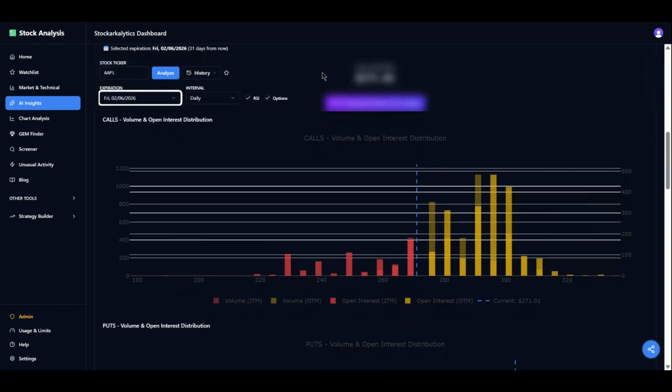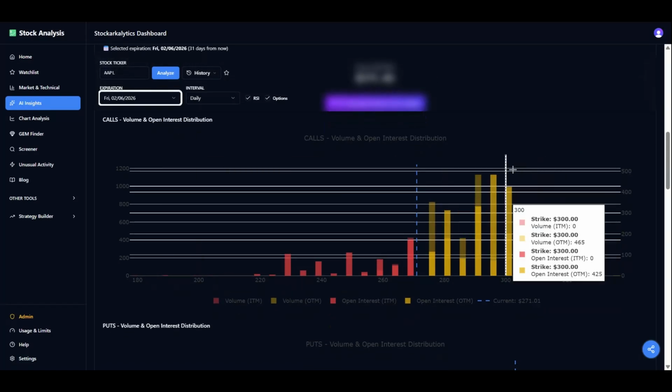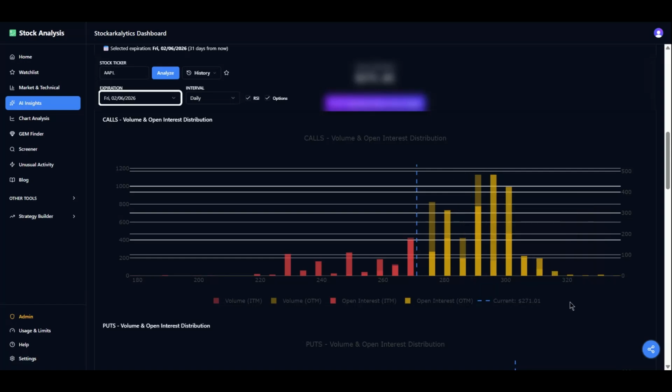Now this chart is calls, volume and open interest distribution. Two things matter here. One, volume tells you what traders are actively trading right now. It's more short term. Two, open interest shows how many contracts are currently open at each strike. This tends to be more about positioning.